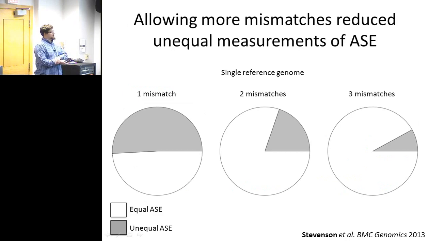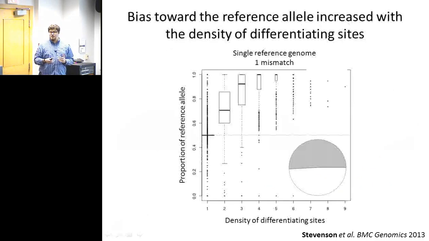We also hypothesized that as the densities of differentiating sites increase, so might the bias toward the reference genome. So the next step that we took was to stratify our differentiating sites based on these densities, and we wanted to observe how this actually affected our measurements of allele-specific expression.